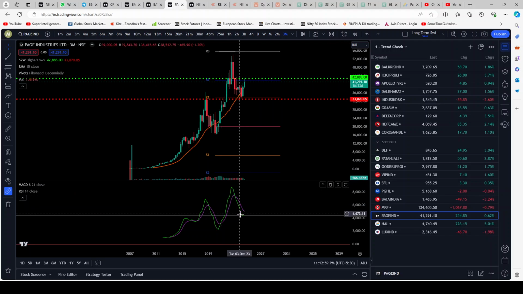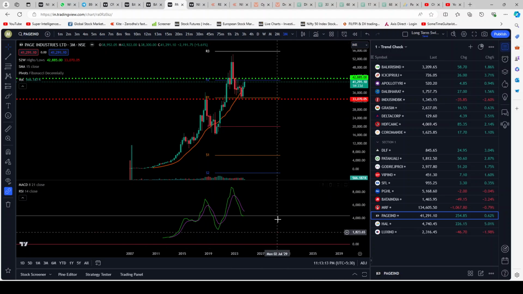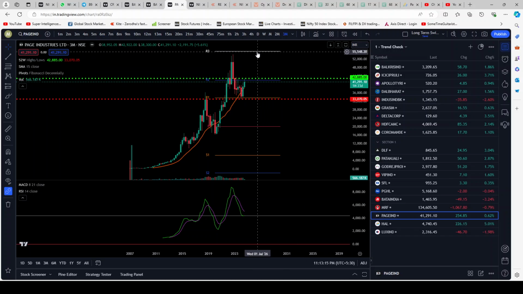Then it comes on the way down. Now it may go further if there's more correction in the market. As you know, the markets have been quite volatile, so it may correct. But remember, the next time it crosses and makes a good move up, and whenever it crosses this R3, it will go up like a rocket.